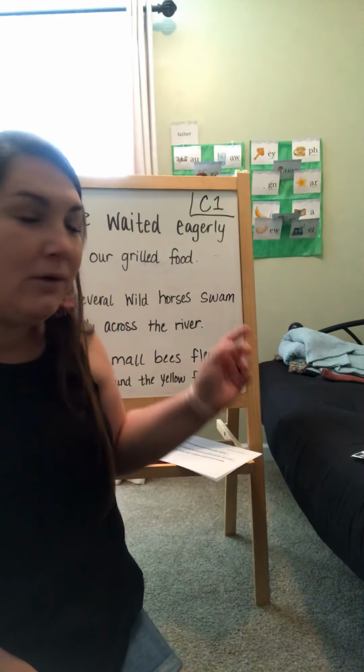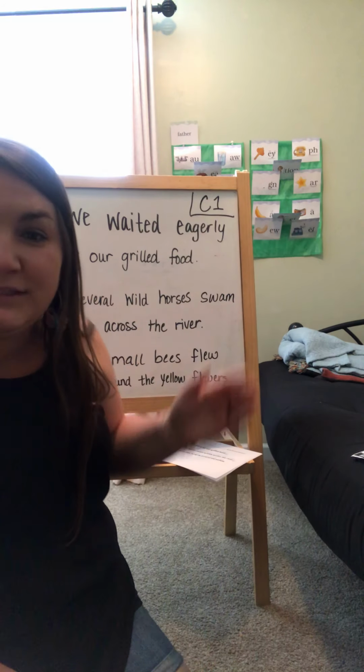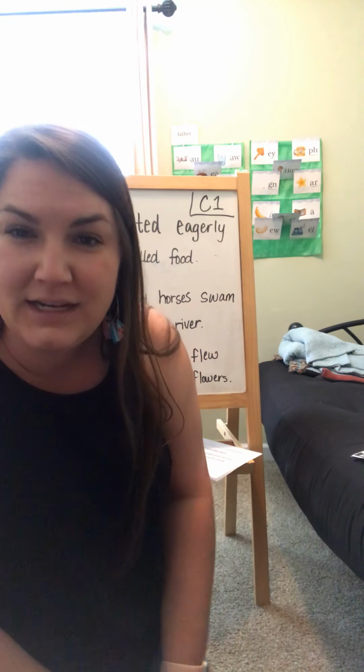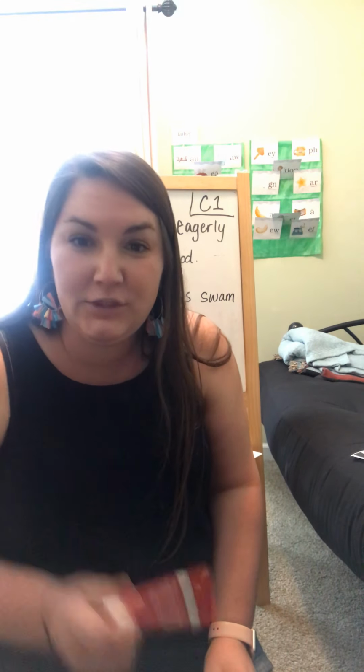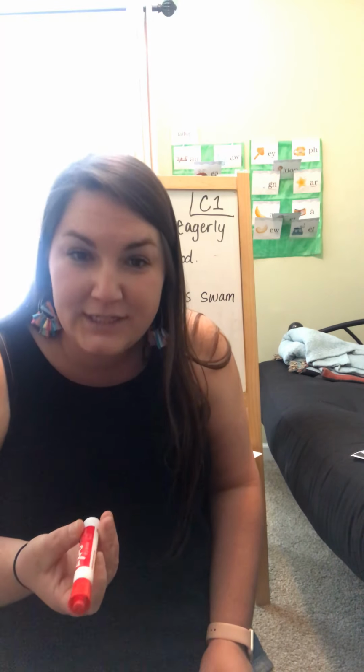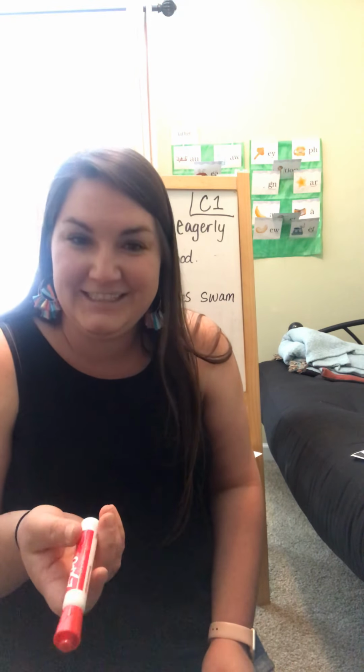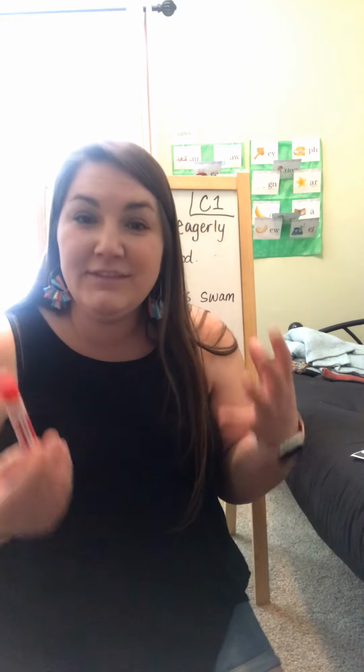So today when we classify our sentences, we are going to do the exact same thing that we always do. But we're going to talk about something slightly different. Today we're going to talk about a declarative sentence. Can you say that? Everybody say declarative sentence. Good. Declarative sentences.